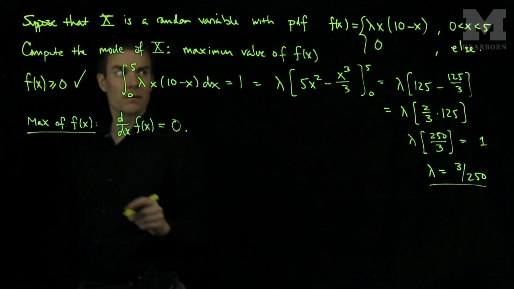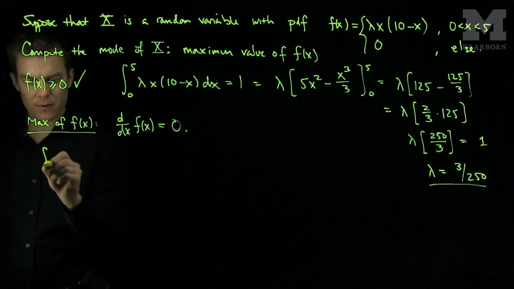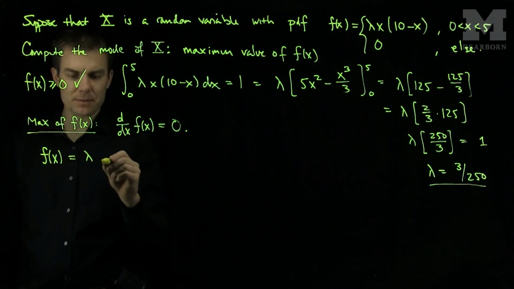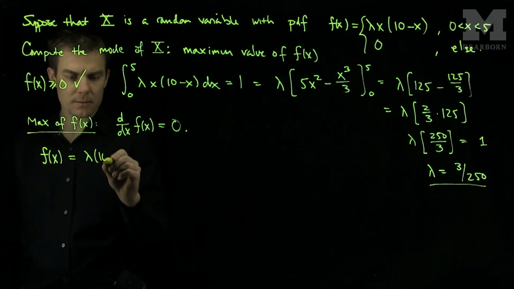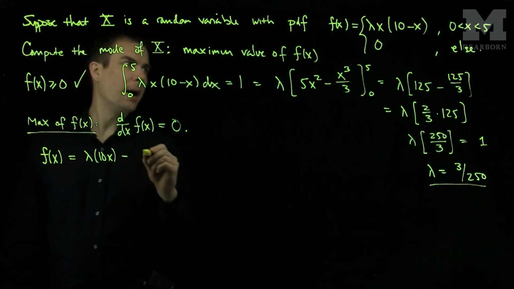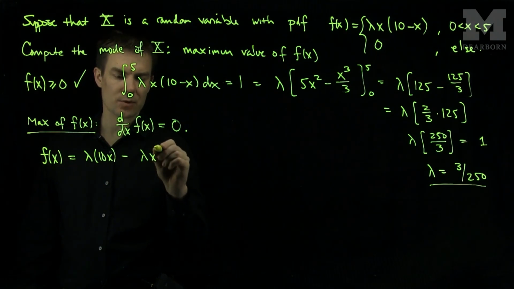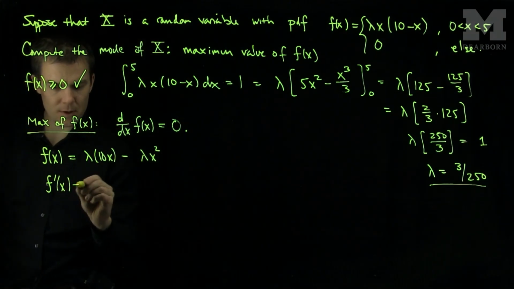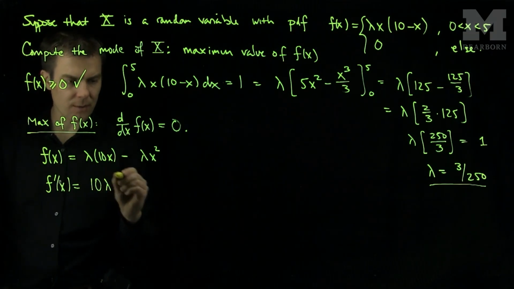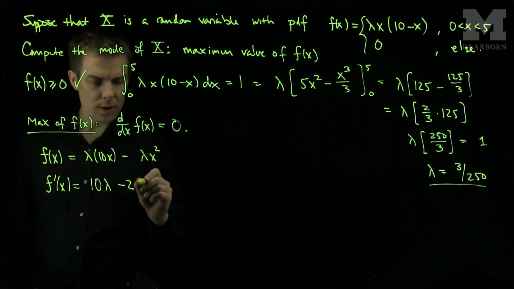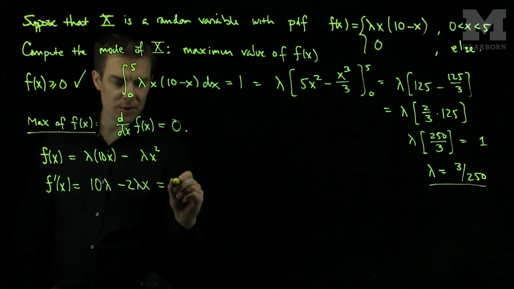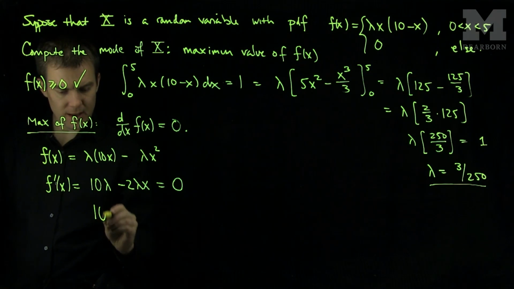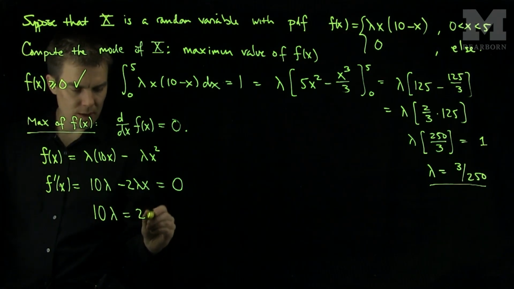If we multiply f of x out, keeping lambda as a parameter, I'll have lambda times 10x minus lambda times x squared. So the derivative, f prime of x, will be 10 lambda minus 2 lambda x, and we set this equal to 0. In doing this, we see that 10 lambda is equal to 2 lambda x.